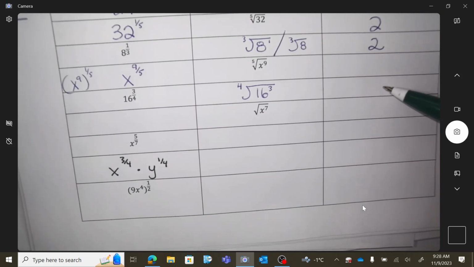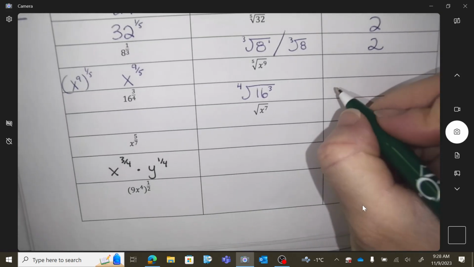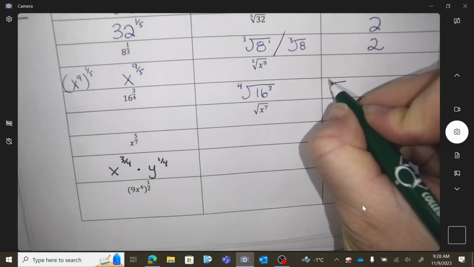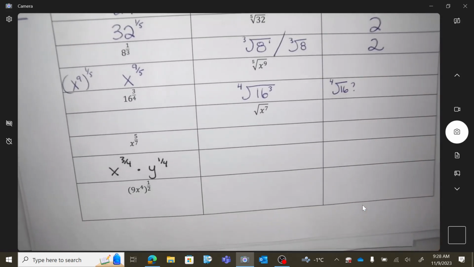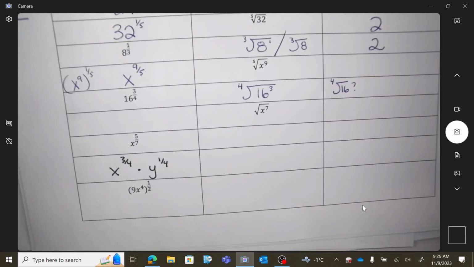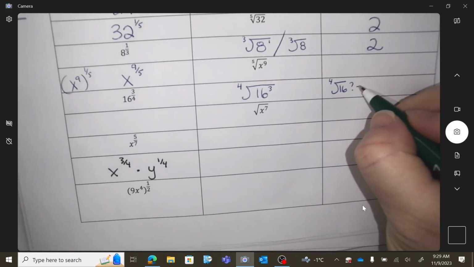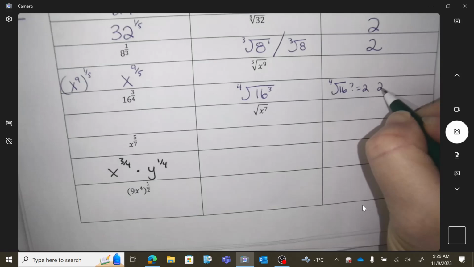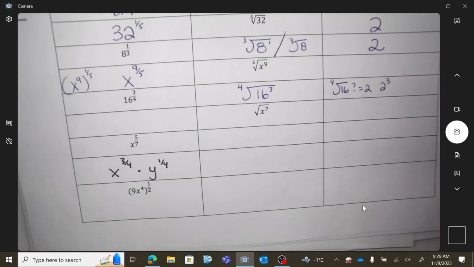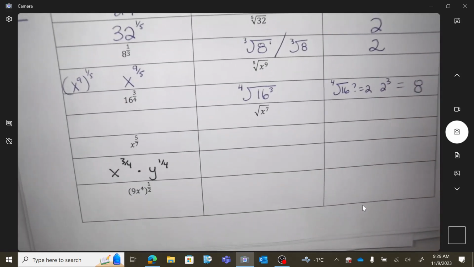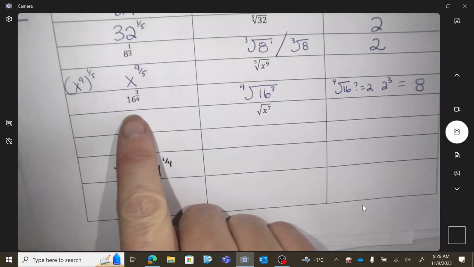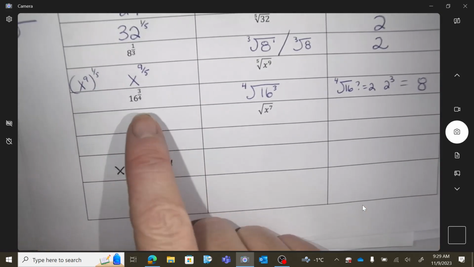I don't know if you're ready for this. I can do this math without my calculator. Here's a question for you. What is the 4th root of 16? 2? 2 times 2 times 2 times 2, right? Then what is 2 cubed? 8. So that's the answer on that question. 16 to the 3/4 equals 8.